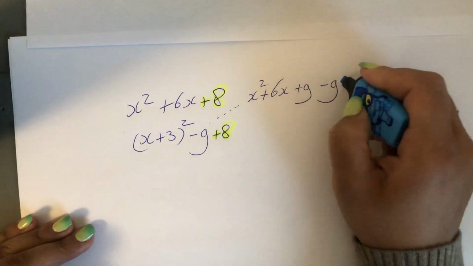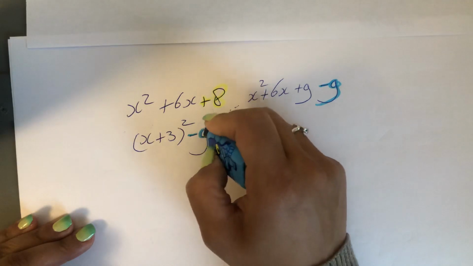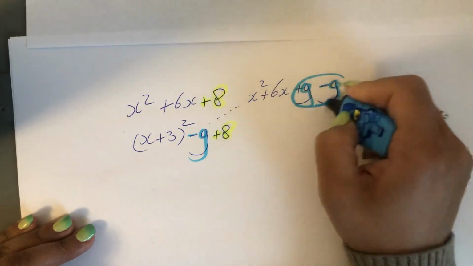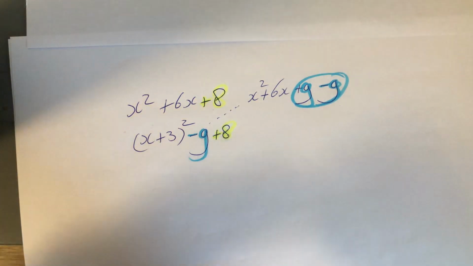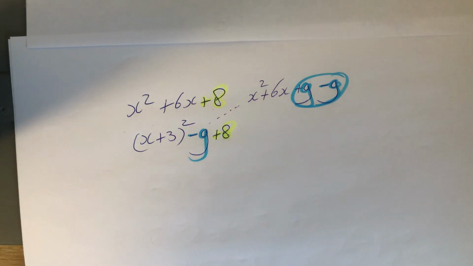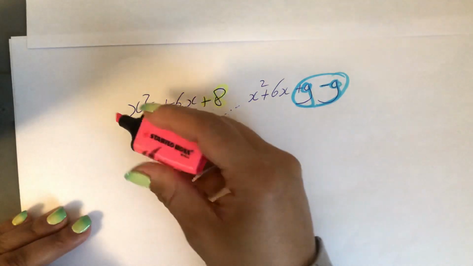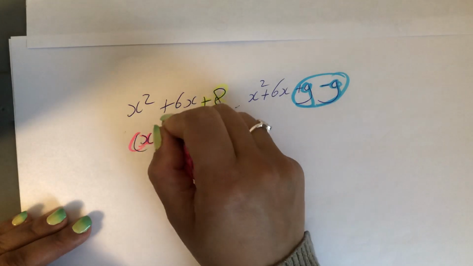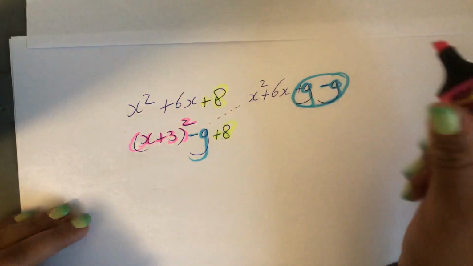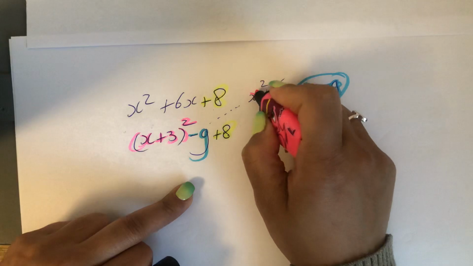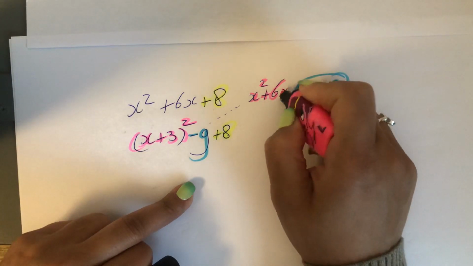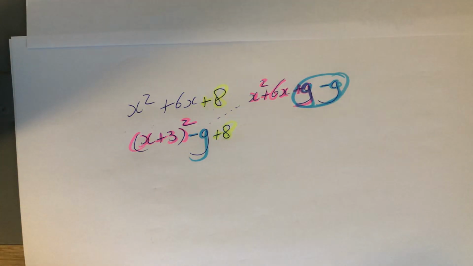Since you want to get rid of that 9, you have to do the subtraction over there. And actually, let me use another color. This over here, x plus 3 squared, is x squared plus the 6x plus the 9. So that's important to remember.